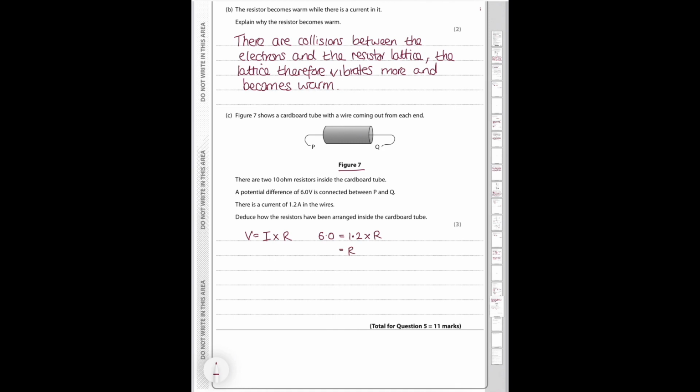So our resistance is going to be 6 volts divided by 1.2 amps, and this works out at us having a resistance of 5 ohms.